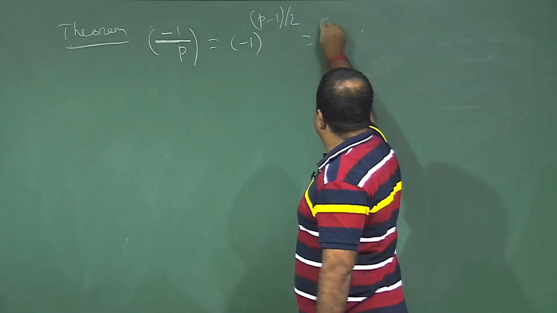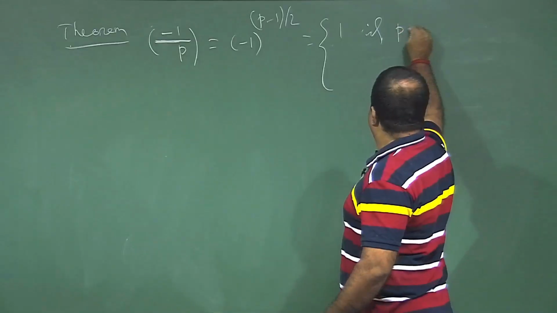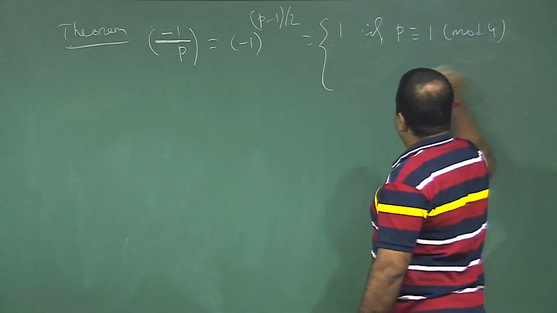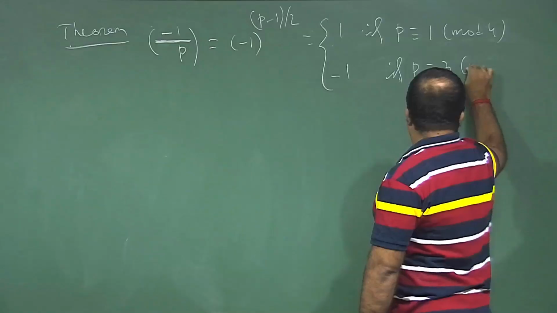So, this is 1 if p is congruent to 1 mod 4, and it is minus 1 if p is congruent to 3 mod 4.